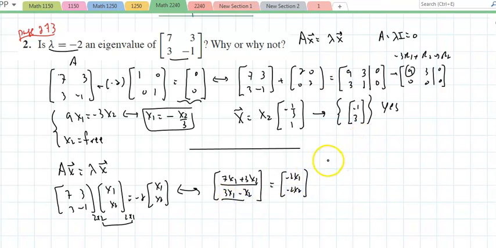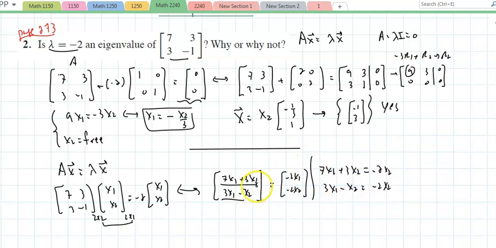And wouldn't that mean that you are really checking 7x1 plus 3x2 equals negative 2x1, and 3x1 minus x2 equals negative 2x2? Have we seen that?